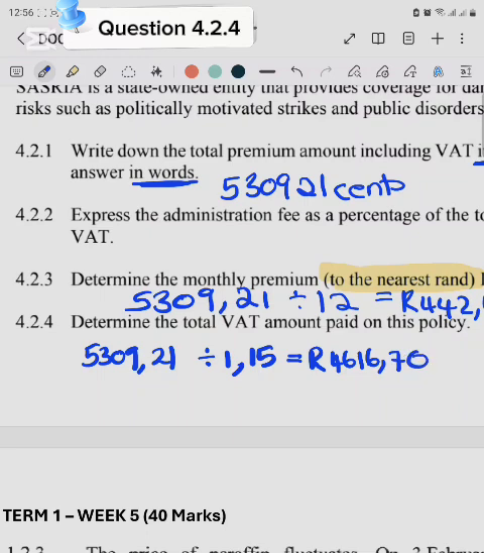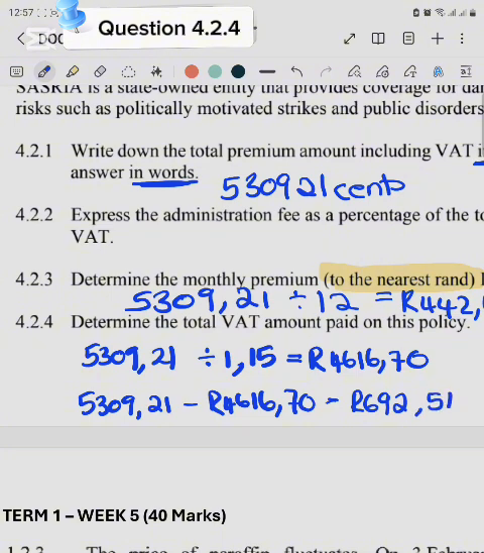And then I can go and say, well, if I know what it is with VAT, the 5,309.21, take away what it is without VAT, the 4,616.70, I will get to 692.51.